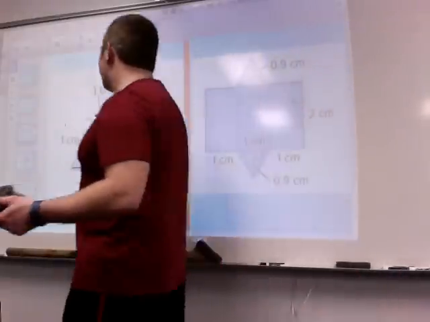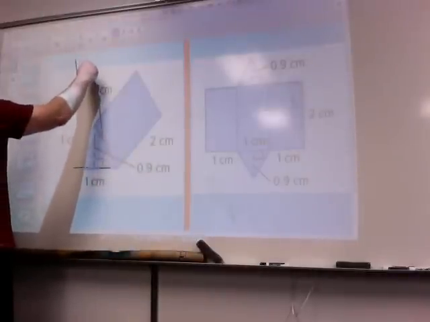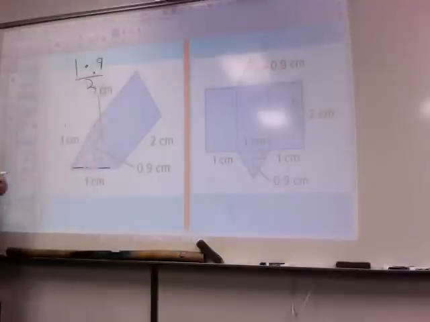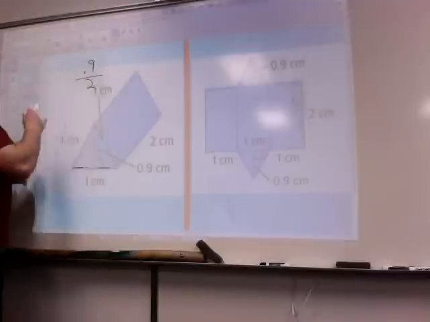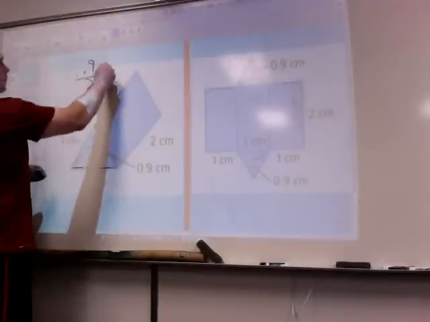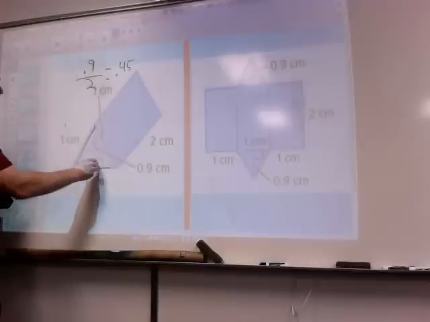If you're going to do every step, which I recommend, you find the area of that triangle, base times height divided by 2. I'll do it again. 1 times 9/10 was 9/10, and then I divide that by 2. 9/10 divided by 2 would equal 45 hundredths. So that is one base.